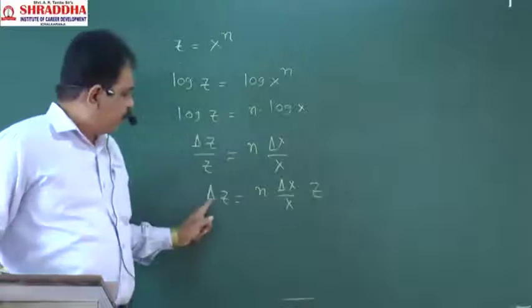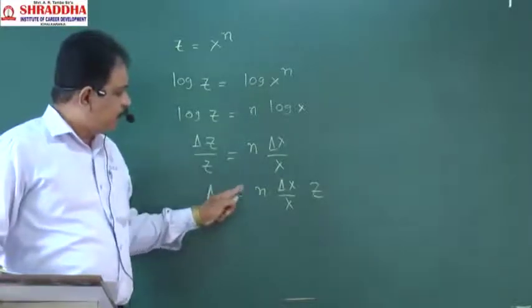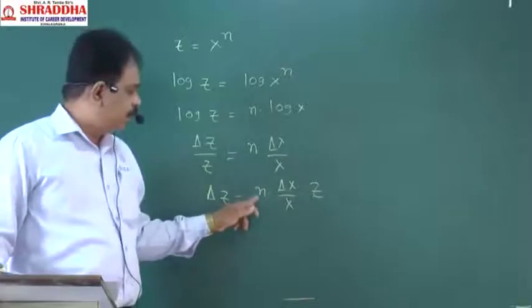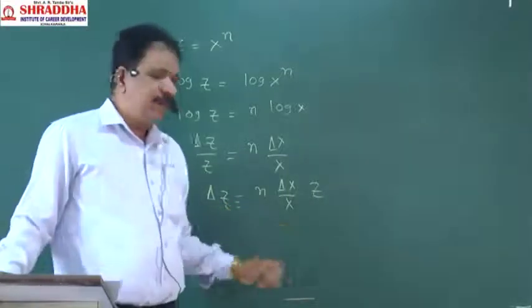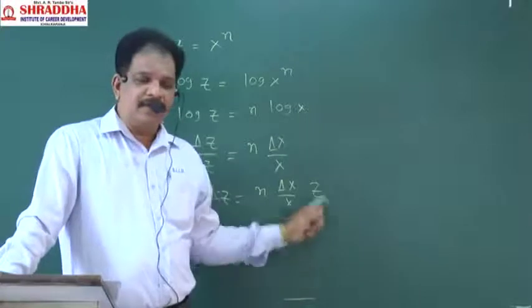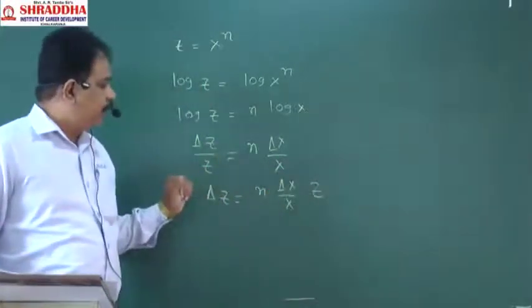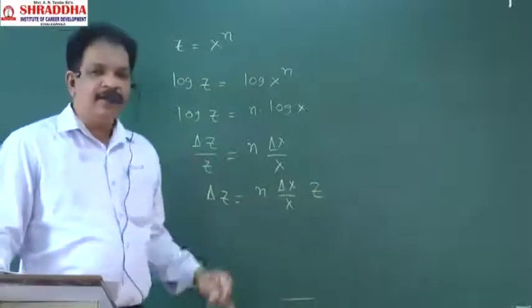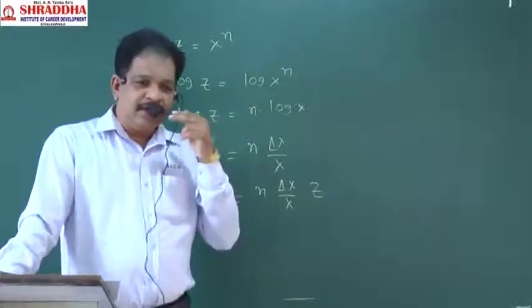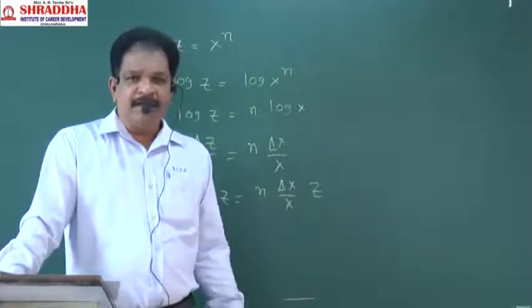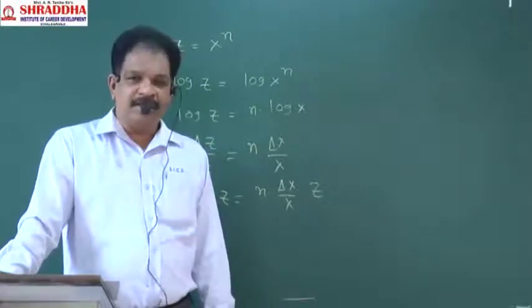Using this will be the maximum possible error. Maximum possible error will be n into delta x by x into z. Delta z by z into 100 is equal to n into delta x by x into 100. That will be called the percentage error.